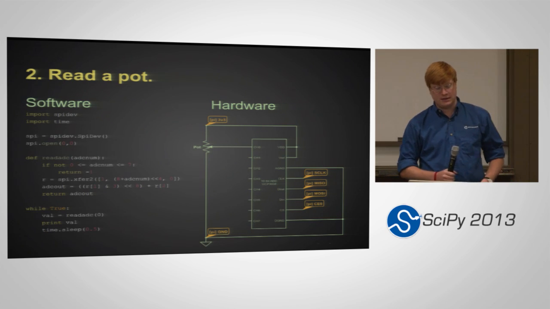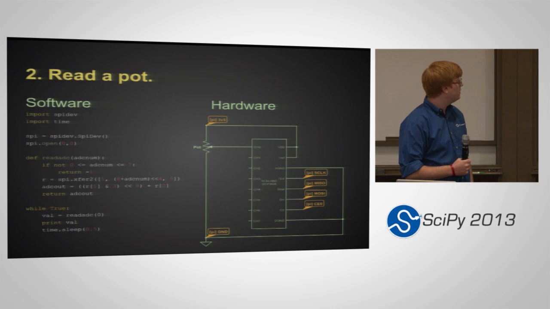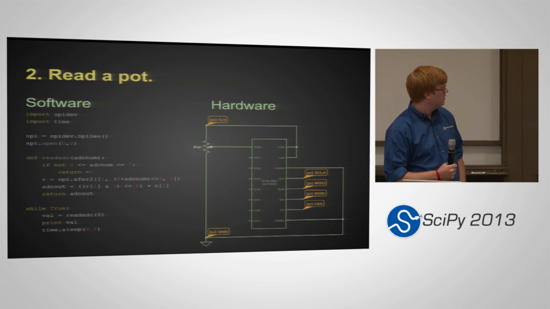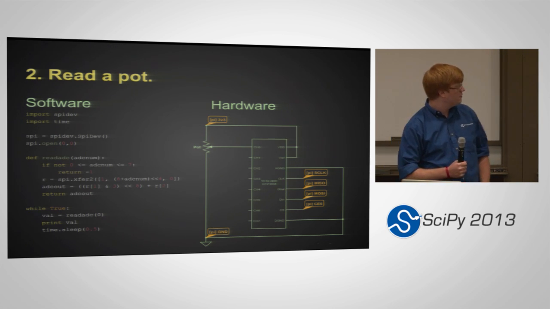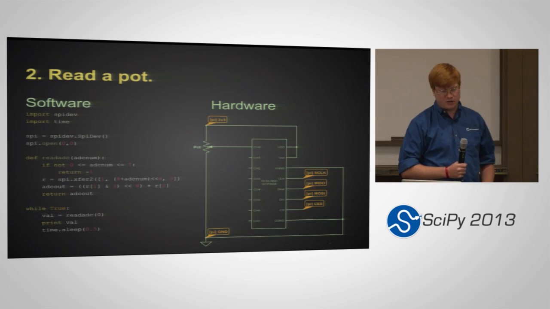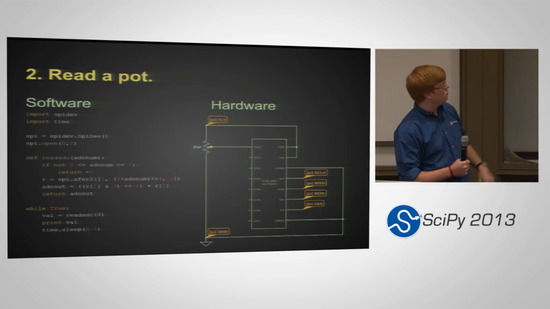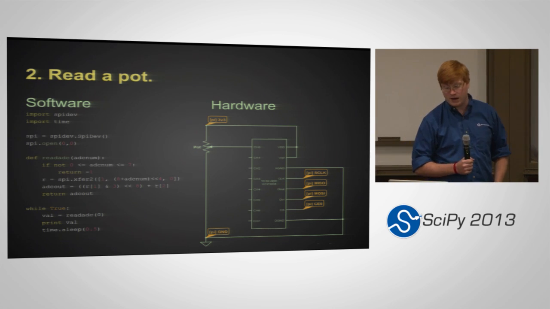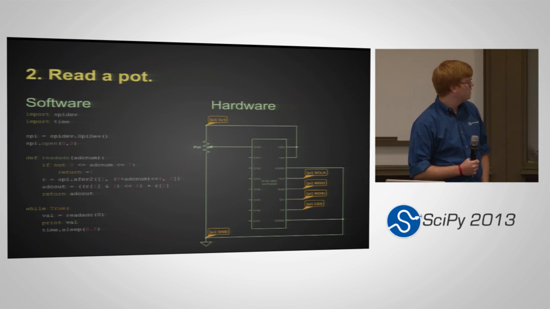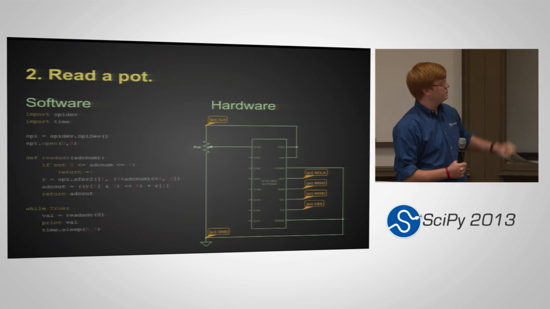This right here is all the software and hardware you need to communicate with the MCP3008 connected to the Raspberry Pi and a potentiometer. So on the left is the potentiometer connected to 3.3 volts and ground. To make this diagram easier to understand, I kind of broke the Pi up into just labels.